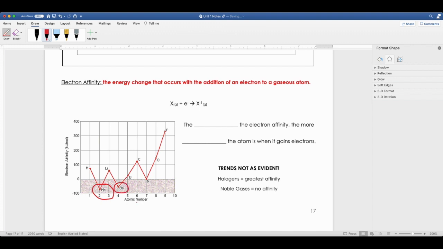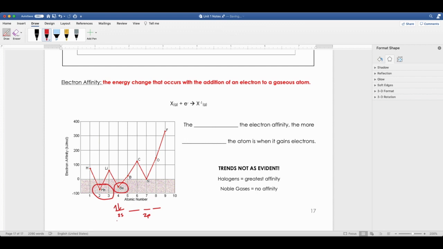Beryllium doesn't want to gain electrons. If you consider its orbital notation, we have 2s and I have 2p. This 2s is totally filled. Half-filled orbitals or totally filled orbitals are more stable than adding another one onto here.